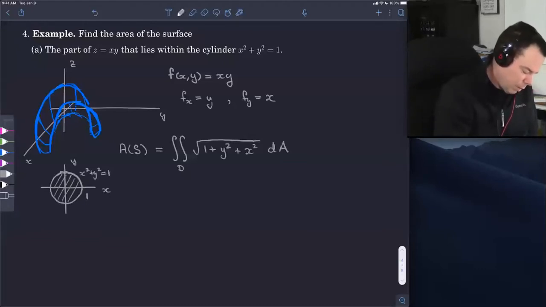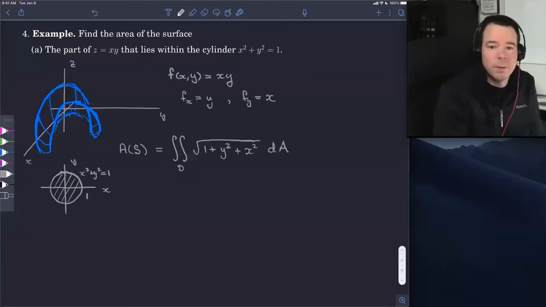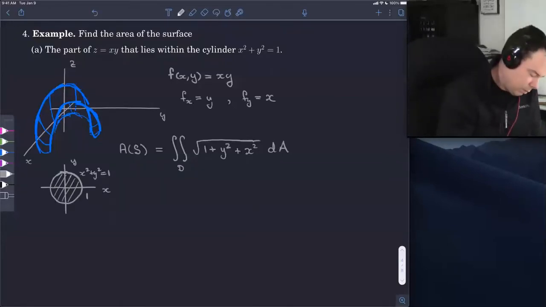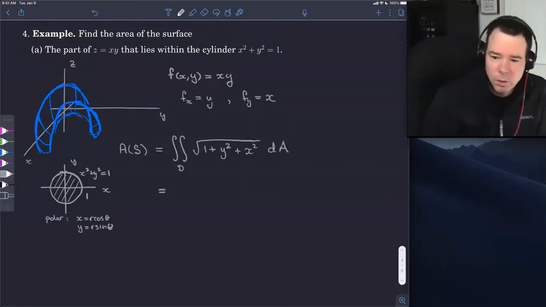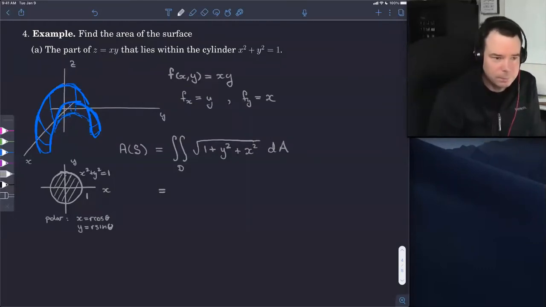The thing to keep in mind here is that we're integrating over a disk, so we're free to choose our coordinate systems however we want. So we're going to switch to polar coordinates, x equals r cos theta, y equals r sine theta. Okay, and so we're going to go for theta from 0 all the way around to 2 pi and r from 0 out to 1.